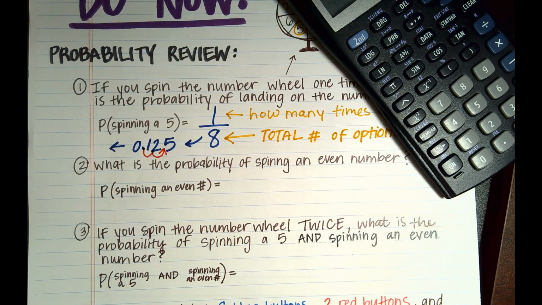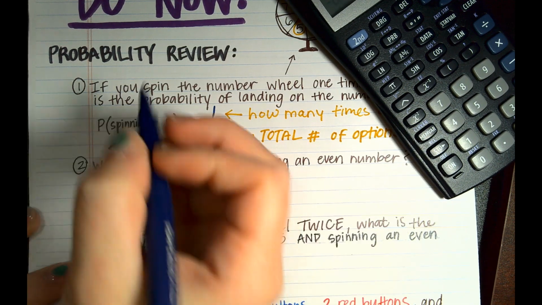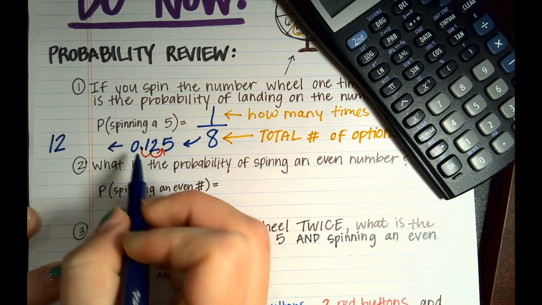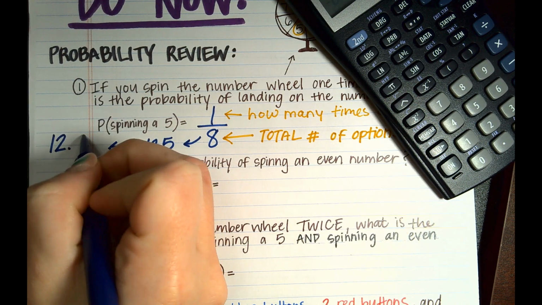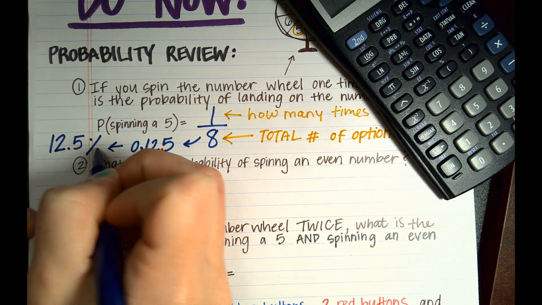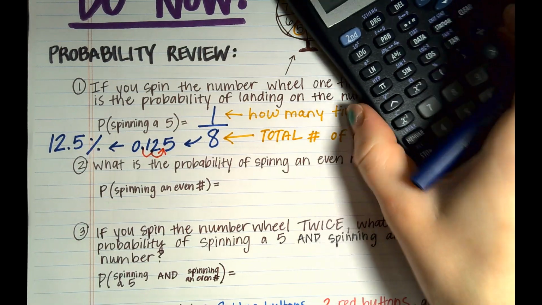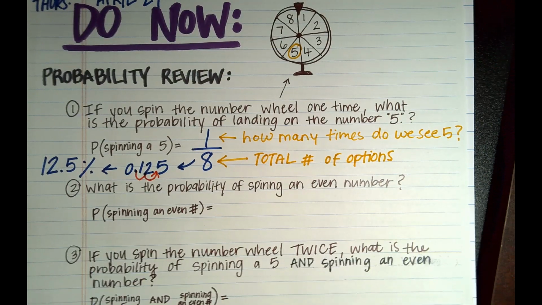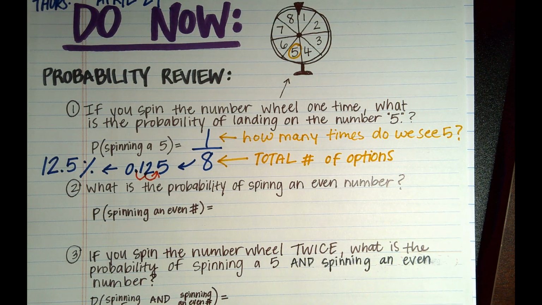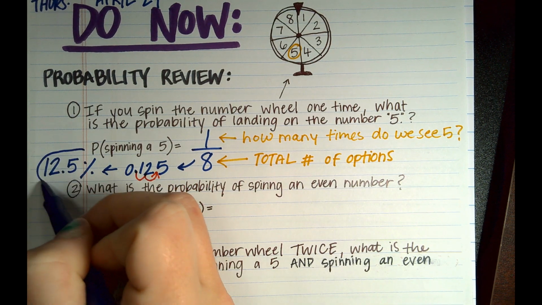Good, between the 2 and the 5. So our percentage would be 12.5%. So there's a 12.5% chance that when I spin this wheel, we'll land on a 5. And that would be our probability.